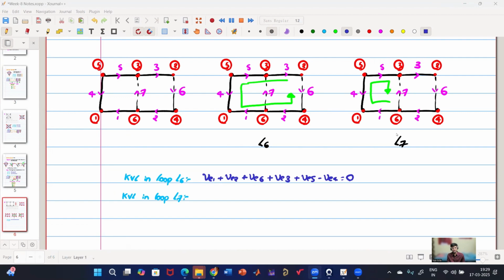So okay, we are going in this direction: VE4, minus VE1. But how are we going? We are going in the anti-clockwise direction, right? After 4, 5 should come, right?